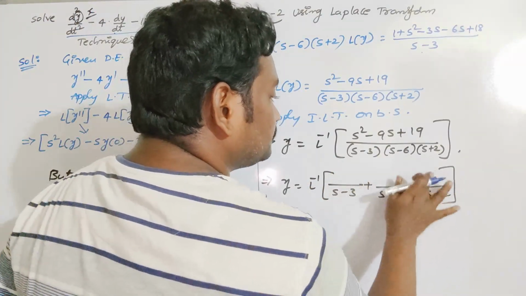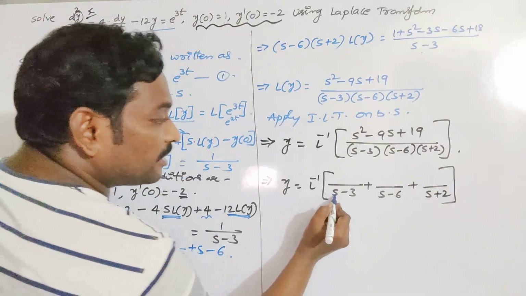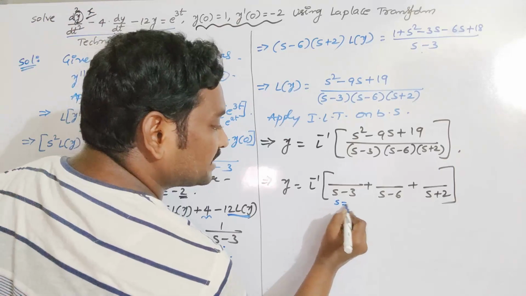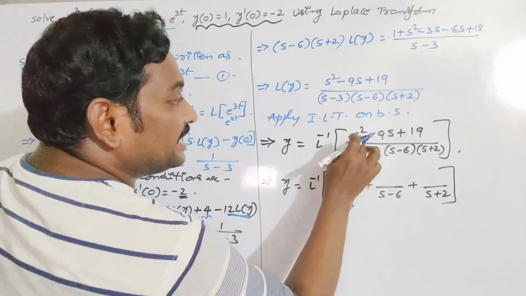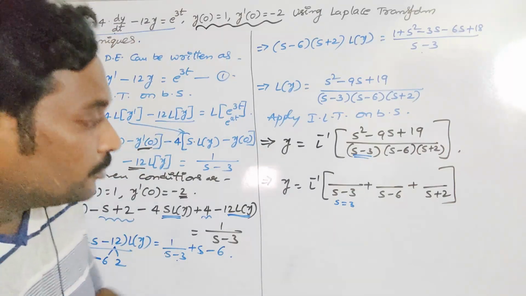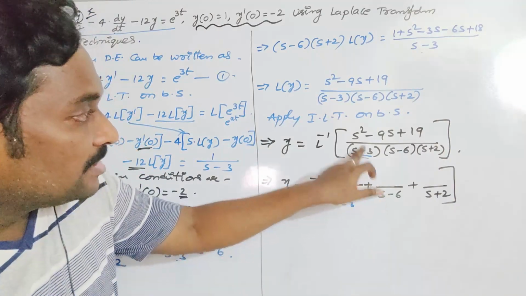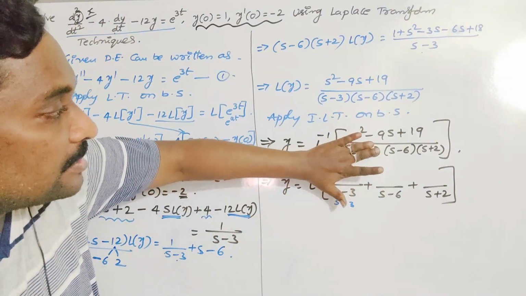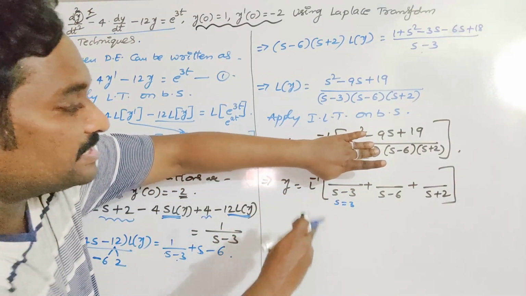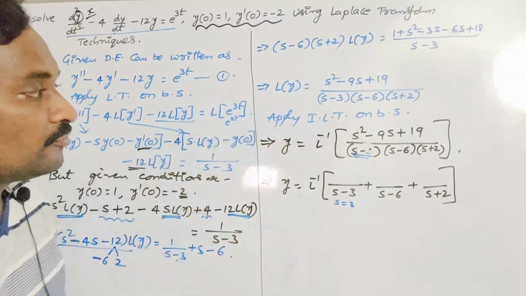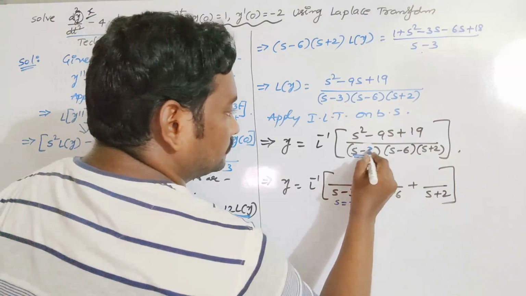See, to get the numerator of s minus 3, replace s is equal to 3. Replace s is equal to 3 in this entire term except s minus 3, because if you put s is equal to 3 in this factor, you will get something by 0 which is infinity. So that's why don't put s is equal to 3 in this one, and you can replace s is equal to 3 in the remaining entire term, numerator and denominator. Don't forget it. Okay.